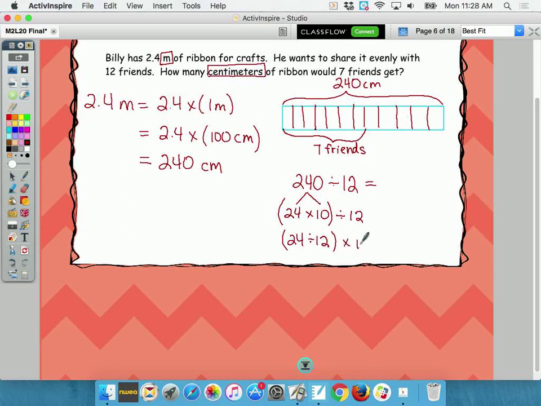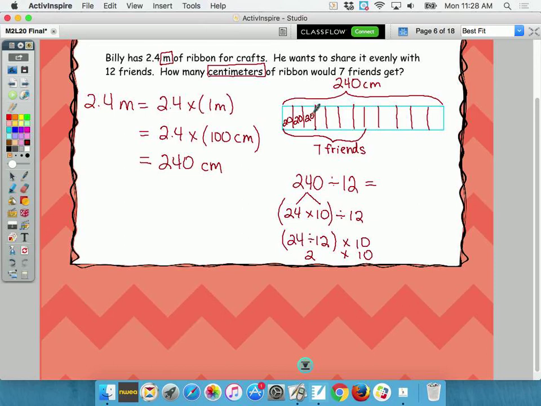So move the 10 over there. Doesn't change the value of anything, and it's easier to do. So what is 24 divided by 12? 2 times 10. So my answer to what each friend will get is 20, correct?